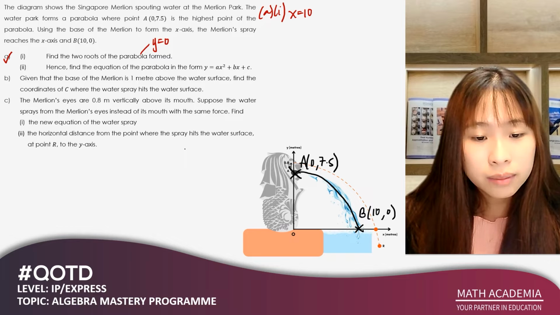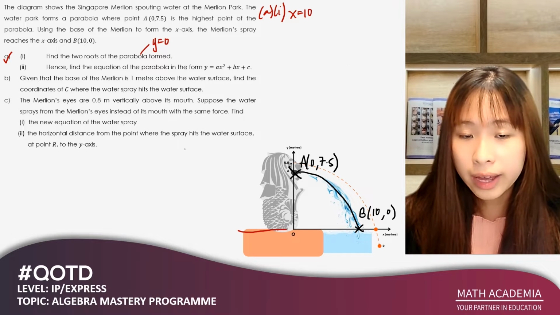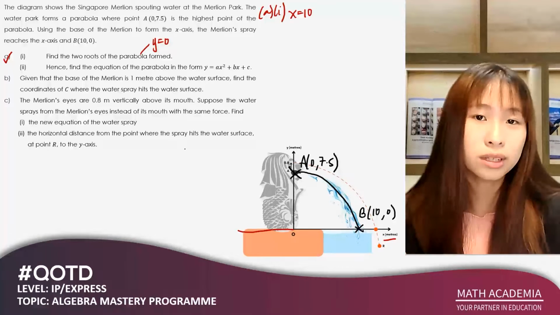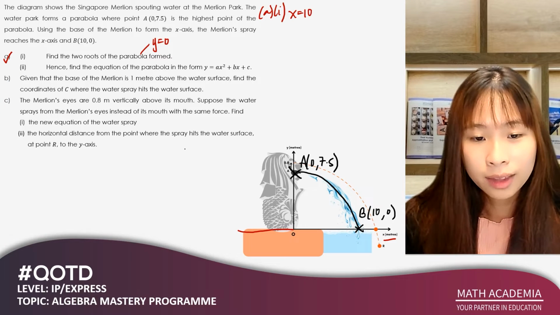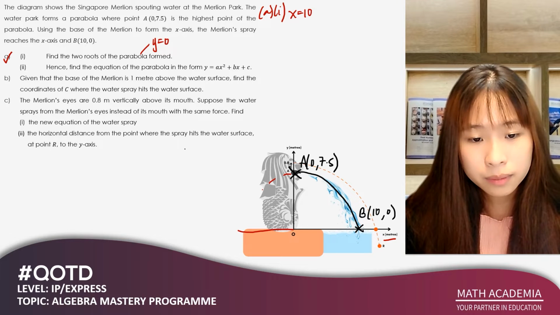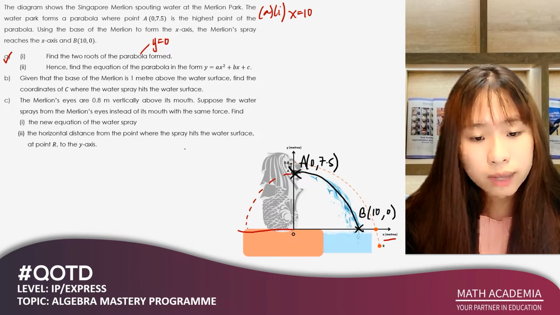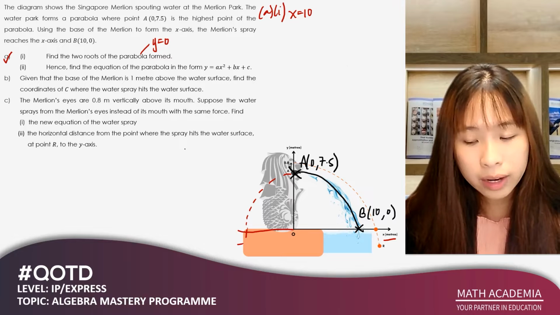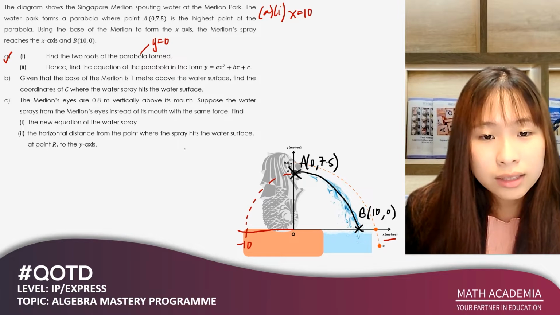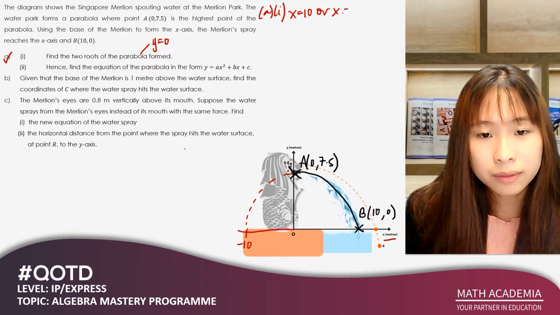The negative values of x are not drawn because x represents distance and there is no such thing as negative distance. However, if you extend this parabola, the root is negative 10 on this side based on symmetry. So our other answer is x equals negative 10.